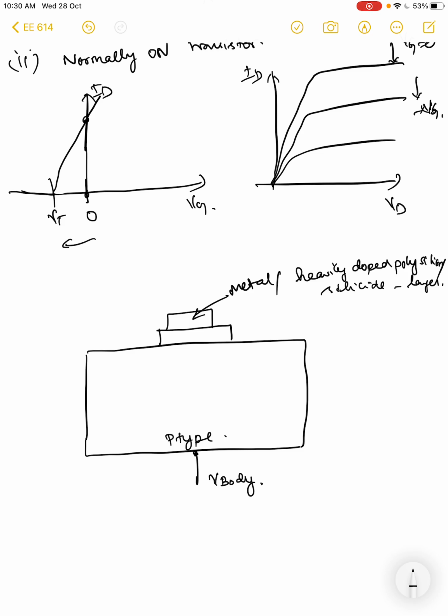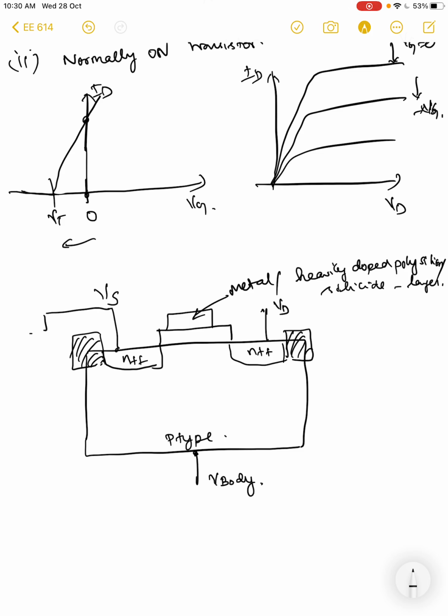We typically terminate the transistor laterally by an oxide layer here. You have what is called a diffusion to create contacts for the source and the drain. So this is the source of the transistor, and you have the drain of the transistor.